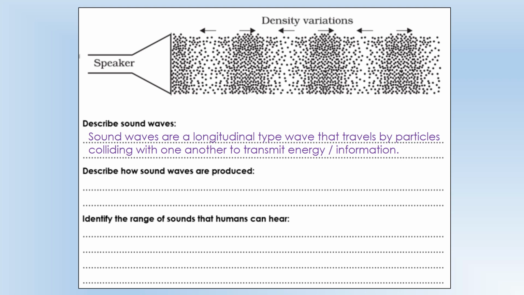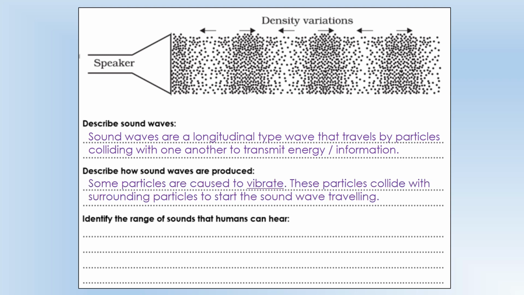As I said, the speaker vibrates the particles we can see on the left. They then collide with these other ones, setting up the sound wave. In terms of how we actually produce one, it's essentially about causing particles to vibrate, and then those particles need to collide with surrounding particles to start the sound wave traveling. And that's why they don't travel so well in gases. There are fewer particles for them to collide with, so the wave travels less effectively.